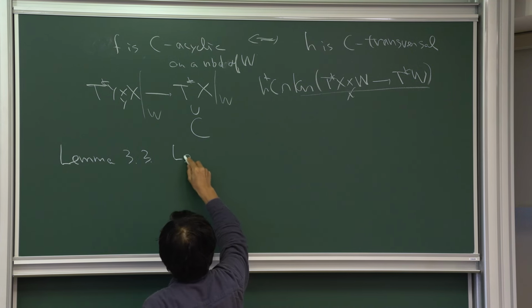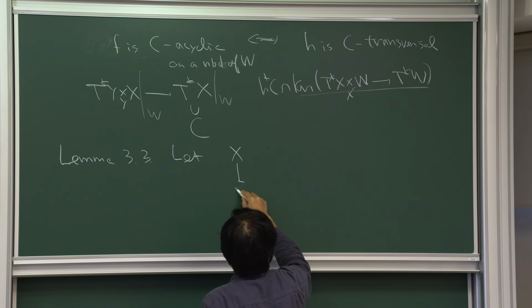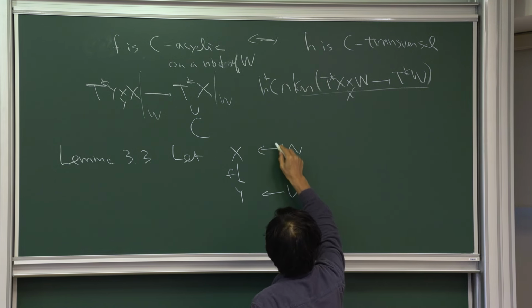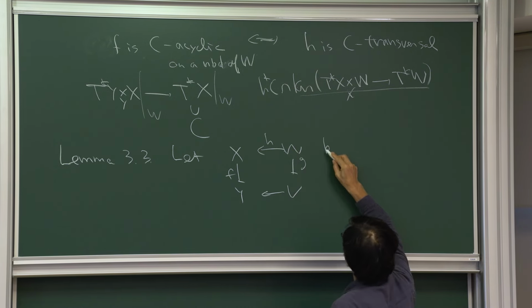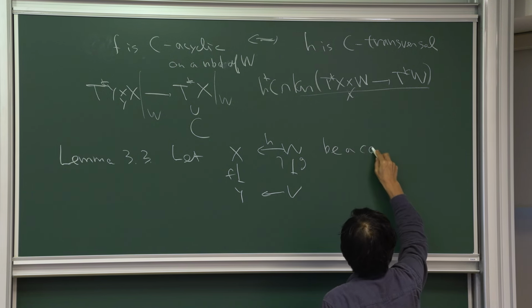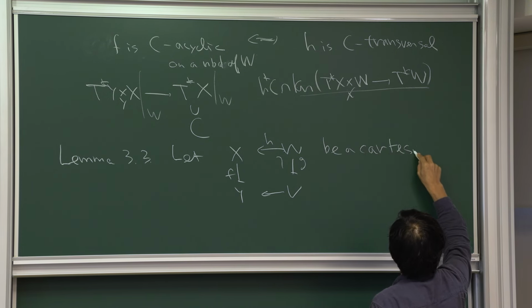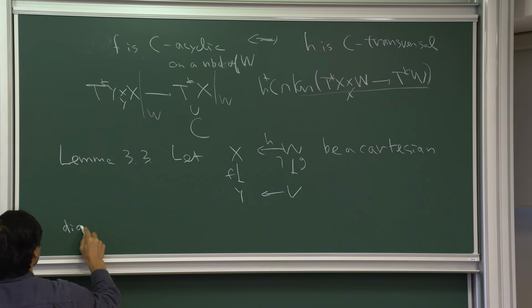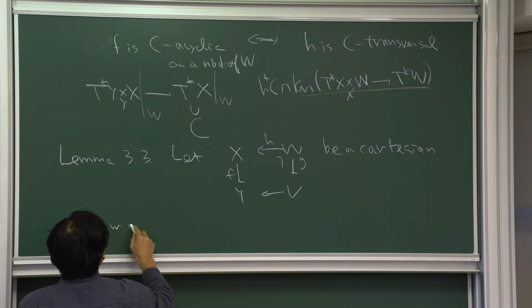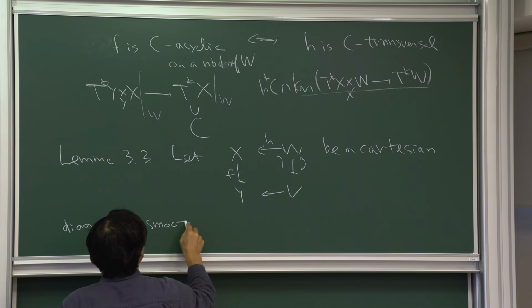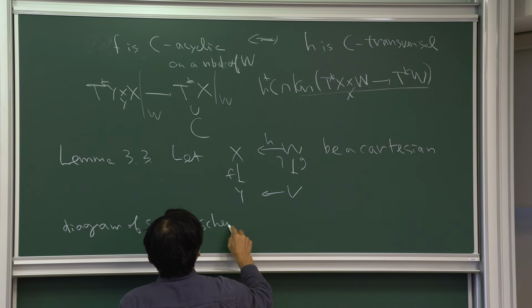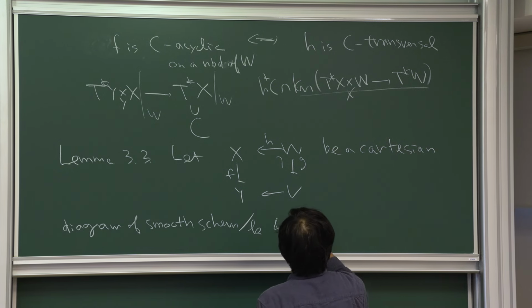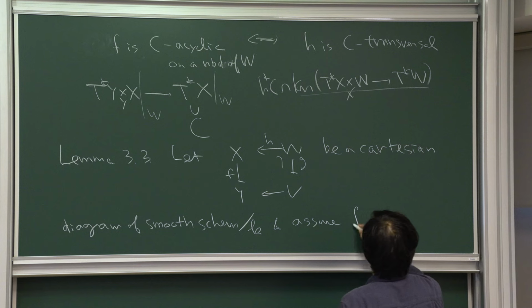Let this be a Cartesian diagram of smooth schemes over K, and assume F is smooth.